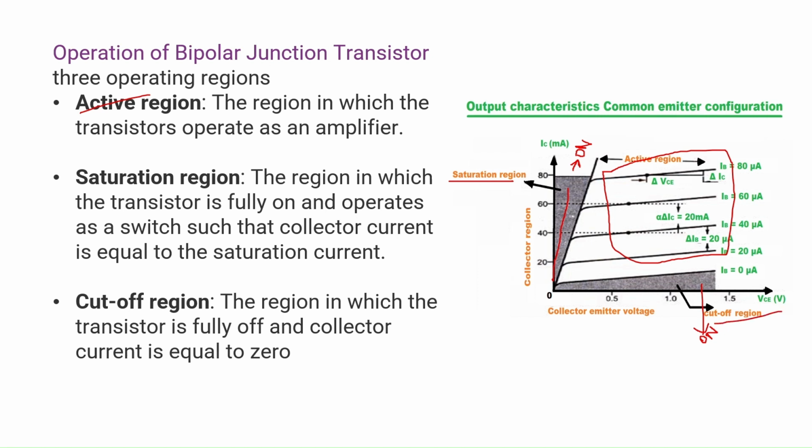In saturation region, BJT is considered to be in on state, whereas in cutoff region, BJT is considered to be in off state. These are the two main applications of BJT. It could be used as a switch or it could be used as an amplifier.